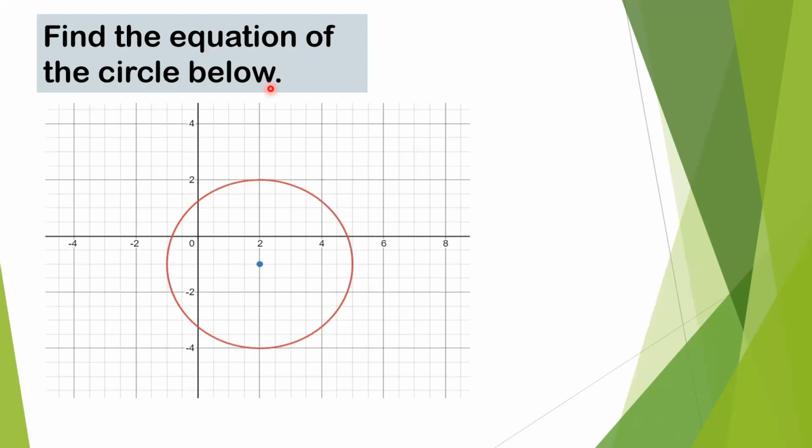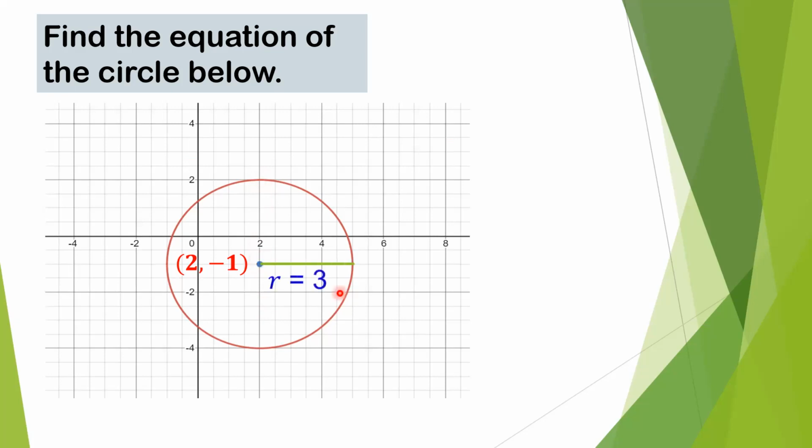Okay, for example, we have to find the equation of the circle below. So identifying what the center is, that will be 2, -1. And then the radius is from this center. Get any point on the circle. So this point here is 2, 2. So it's how many units away from the center?